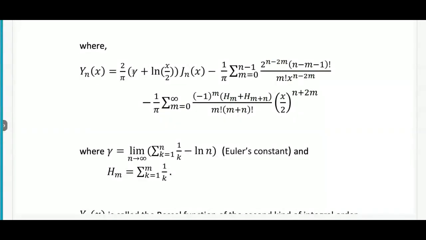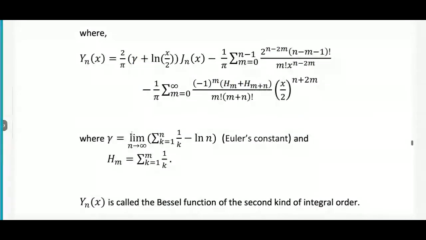Okay. So what is this gamma? What is this h? Gamma is the limit as n approaches infinity of the summation from k equals 1 to n of 1 over k, minus ln n. And this is called Euler's constant. Gamma, lowercase gamma. The gamma function is capital gamma.